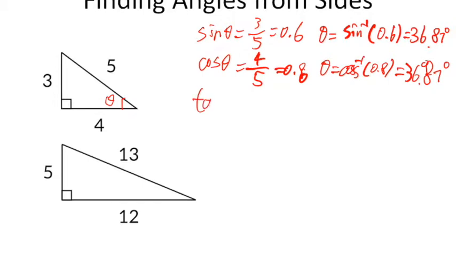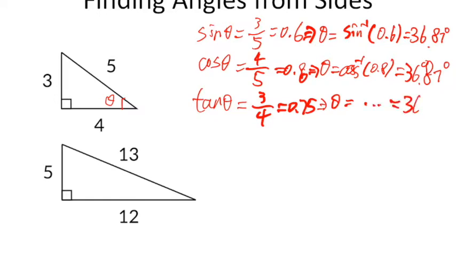And you do the same for tan, it would be 3 over 4, which is 0.75, which gives you the angle. If you work it out, it's also 36.87 degrees.